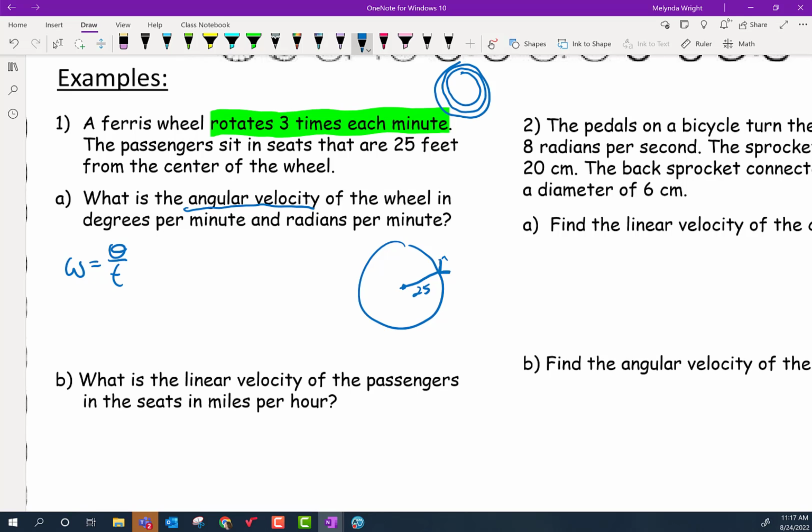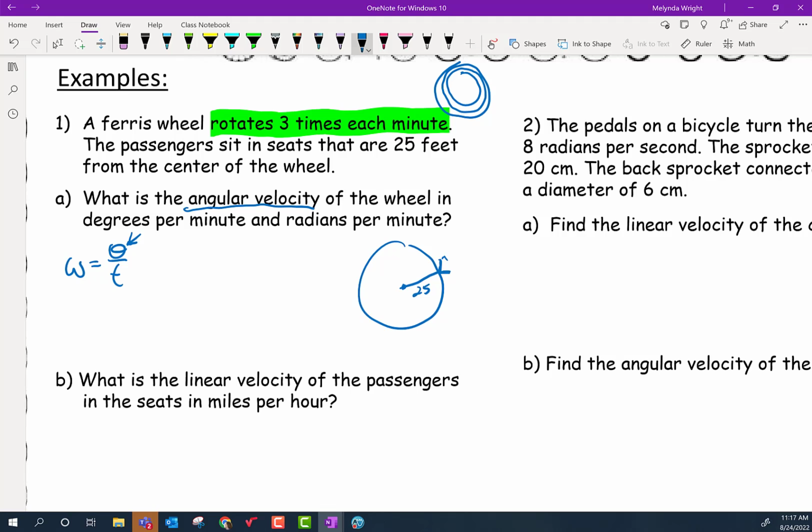So we want the angle measure in radians. How much angle would that have accumulated? What is 1 time around? 2 pi. So 3 times around would be 6 pi.